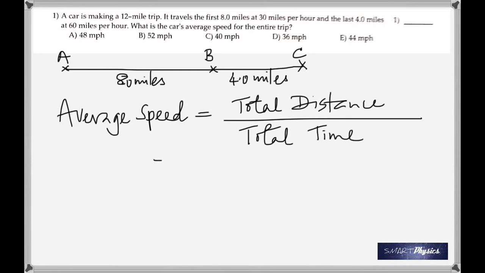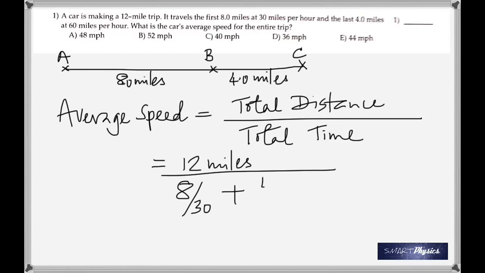And now we have to find the total time. Because time is distance by speed, the time in the first part is 8 by 30, and the second part is 4 by 60. And therefore you get the average speed is 36 miles per hour.